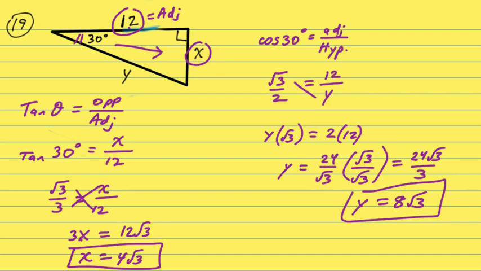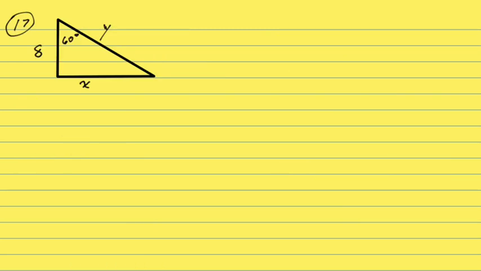I believe you're better served at this point using your trig values like I'm doing now on 19 and I'm about to apply on 17. 60 degrees is right up here. Do you agree the 8 is the adjacent? Give me any trig that involves the adjacent. Tangent.